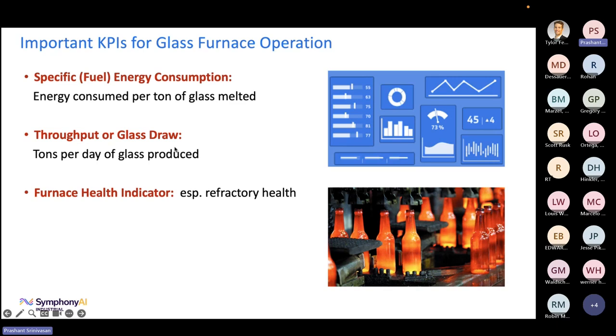Then furnace health is important because these furnaces degrade over time because it's very high temperature operation. So it becomes important to monitor the refractory health of the furnace and how it's degrading. Then glass quality is important, obviously, from an end customer standpoint in terms of acceptance. And there can be many KPIs to measure glass quality. For example, the seed count, the count of bubbles, as well as other kind of defects that may be monitored.